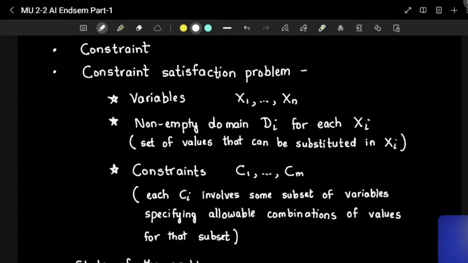So the three main things are, you have variables, x1, x2, x3 or whatever. You have some variables and you have some domains for each of these variables. In these domains, you will have all the values that you can substitute in each of these variables.